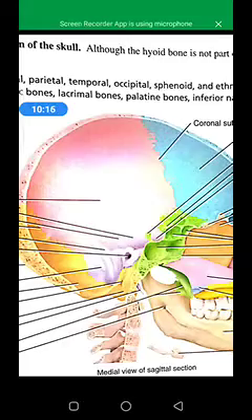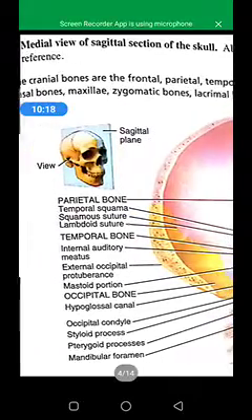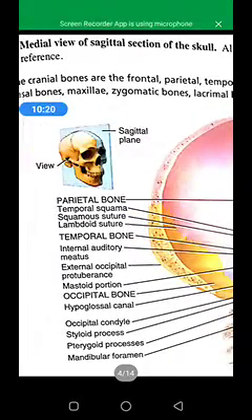Now the next is the back of this cranium, where you can see the parietal bone. There is the temporal squama, the squamous suture connecting the temporal and the parietal bone, and the lambdoid suture connecting the parietal and the occipital bone, through sutural bones.